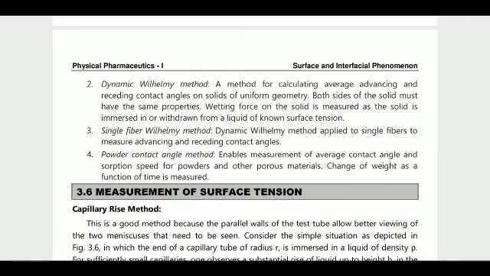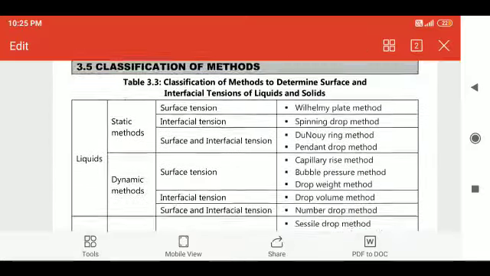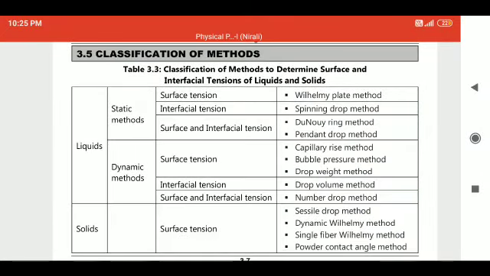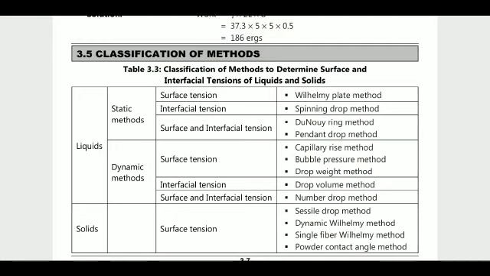These are the various types of methods used for determining the surface tension and interfacial tension of both liquids and solids. Based upon the nature of the sample, different types of methods can be used for determination of surface and interfacial tensions of liquids and solids.